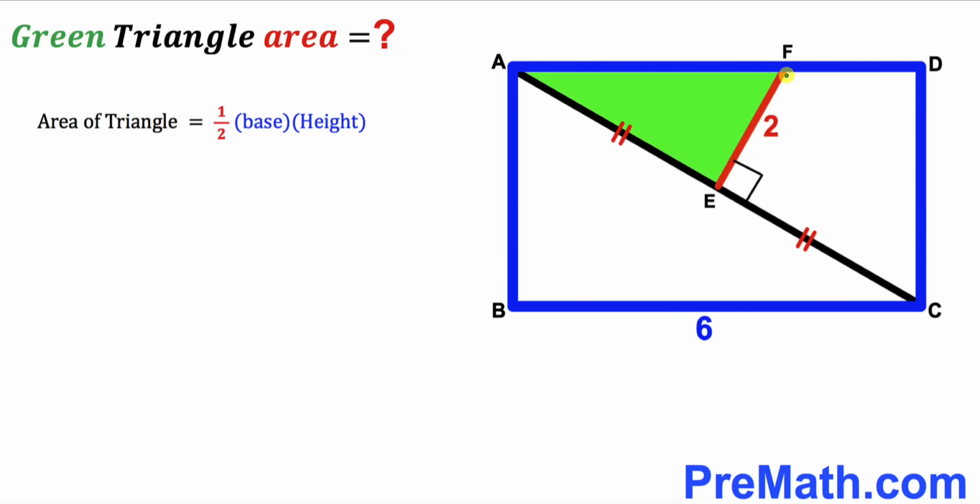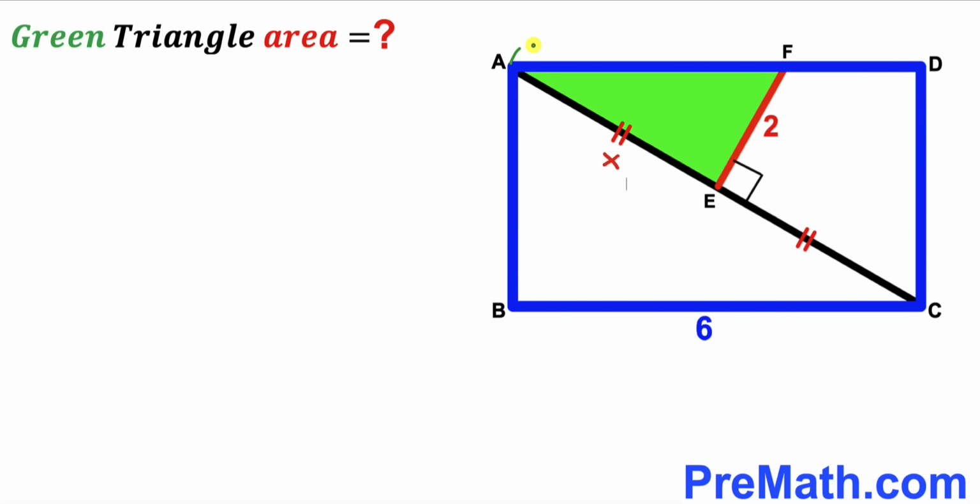In our case, the height of this green shaded triangle is 2 units, and the base of this triangle is AE, which is unknown. I'm going to label this base AE as X, and now our task is to find the value of X before we could calculate the area of this triangle.